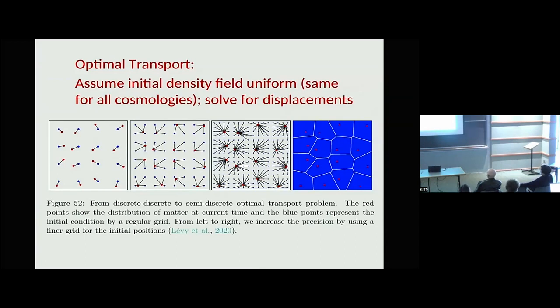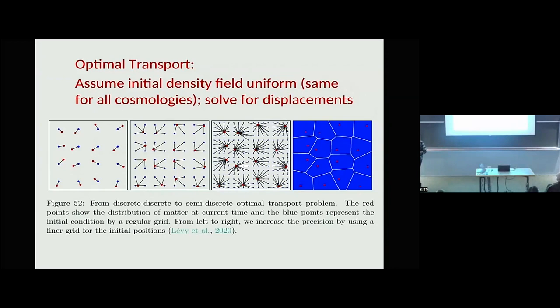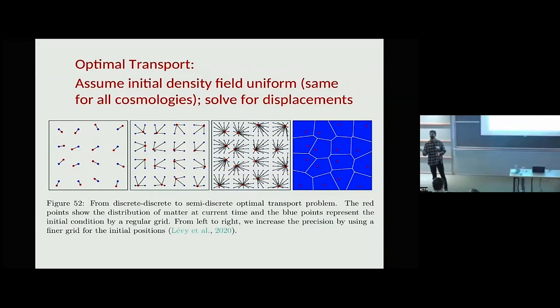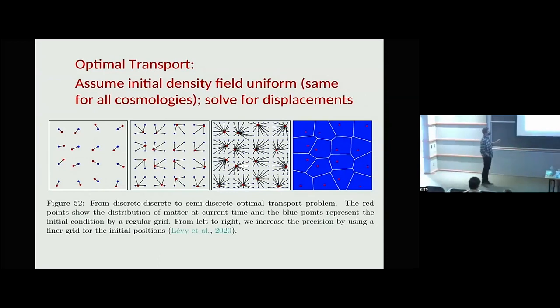So the initial versions of this kind of problem were explicitly an individual particle to an individual grid point. What's happened recently is they've been able to map this kind of problem in the following way. So they've been able to map what's called a discrete problem to what's called a semi-discrete, which is a discrete-continuous problem. And the way it works is a bit like this. You say, I really want to get from red to its corresponding blue.